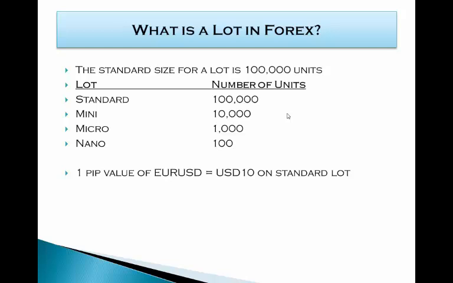If you buy one lot, thinking the euro dollar will go up, and the market really moves in the direction you anticipated by 20 pips, you make $200. If you put in 2 lots, you just multiply.